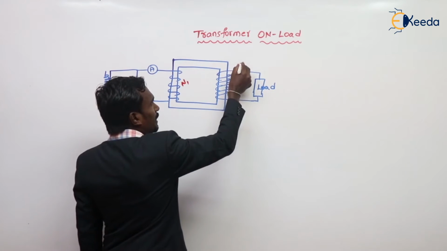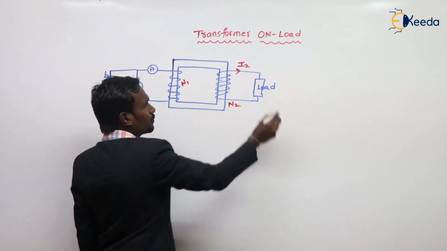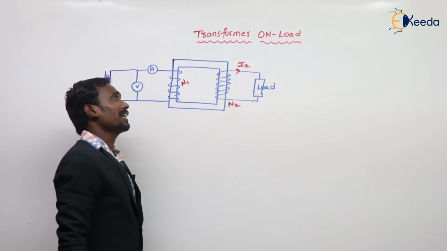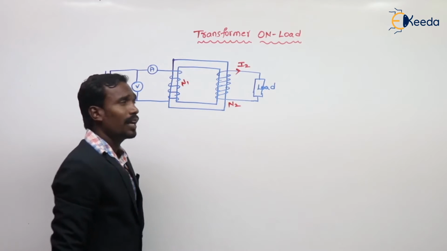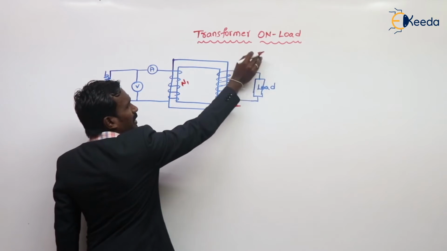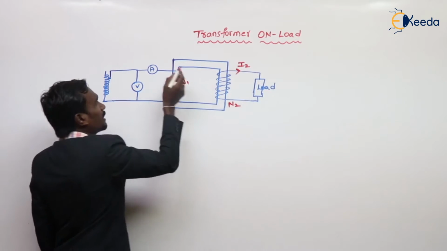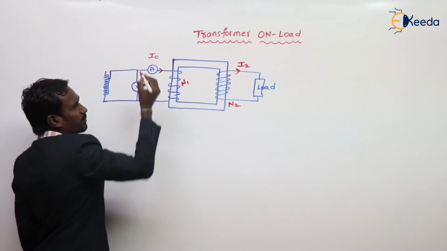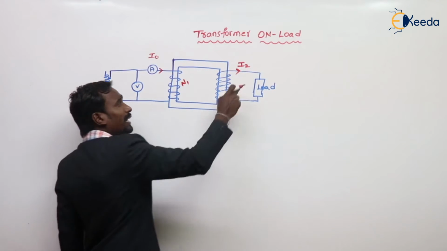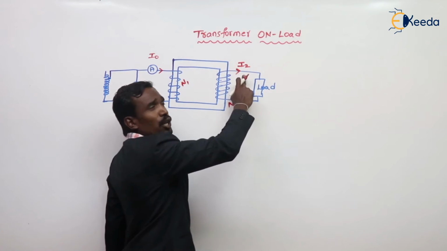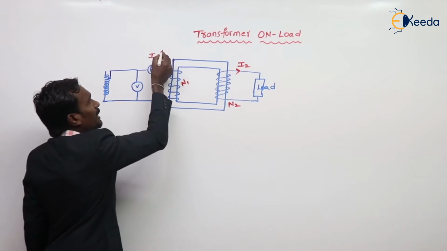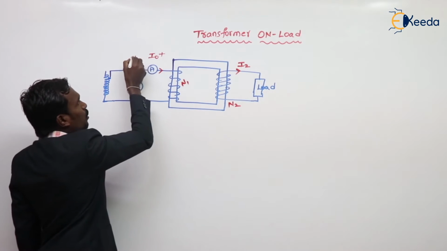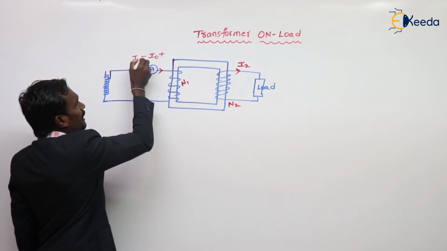In the secondary winding, the current is called I2. At no load condition, the current in the primary is I0 only. But when the load is connected, the current increases to I1.